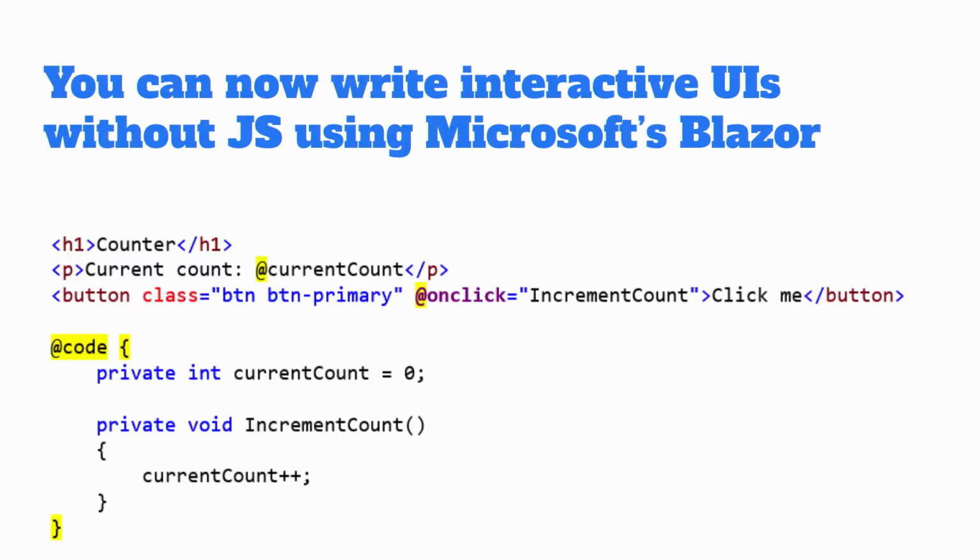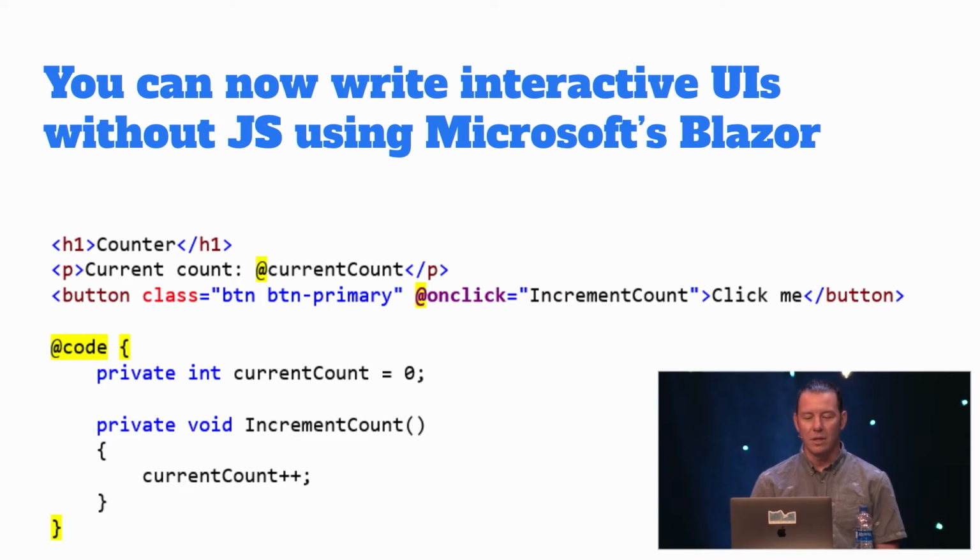You can write interactive UIs without touching JavaScript basically at all, using Microsoft's Blazor framework, right? This is C#, and a C# runtime gets bundled up in that Wasm file, and it does a bunch of magic behind the scenes. This is kind of the holy grail of web development, right?